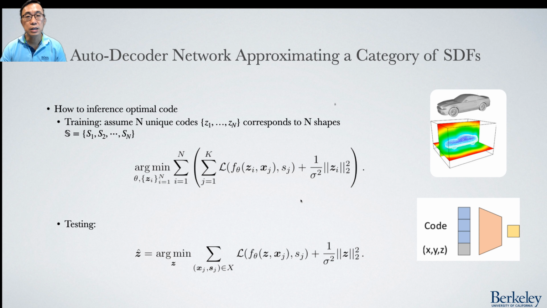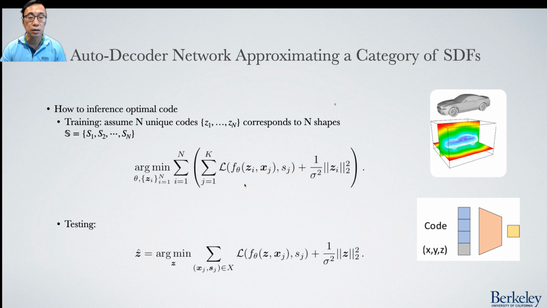For instance, let's go over one way to optimize both the autodecoder network and the latent shape variable Z. During the training, we can assign n distinct codes from Z1 to Zn for the n distinct shapes from S1 to Sn, such that the same autodecoder network can minimize the difference between the given shape's signed distance function and the network's output value.